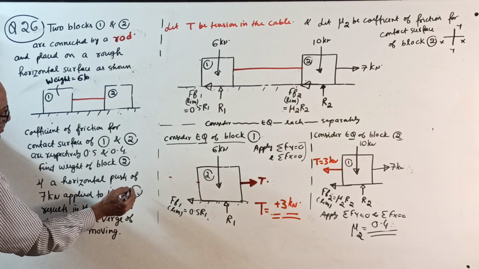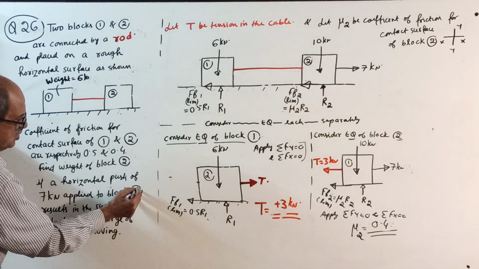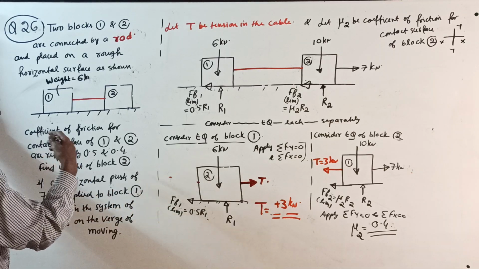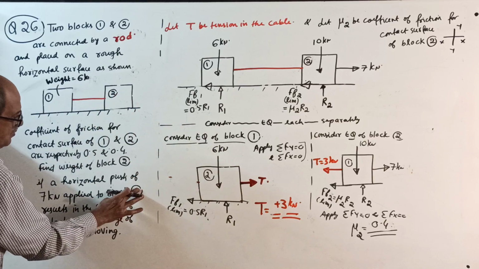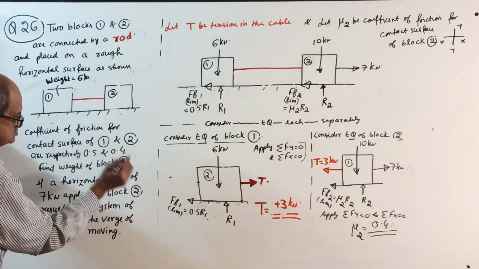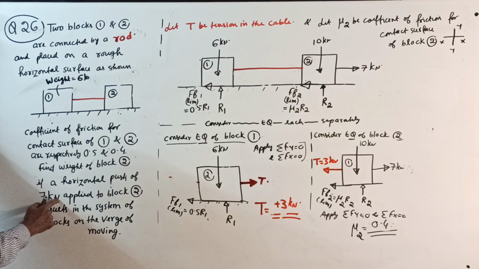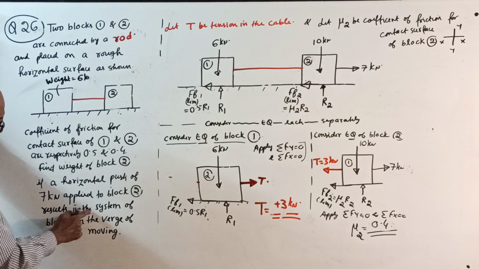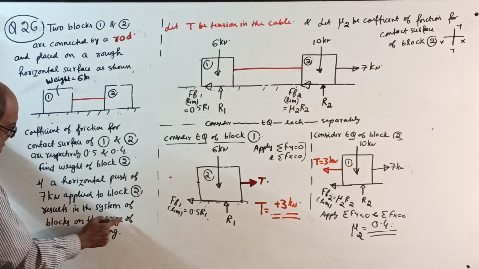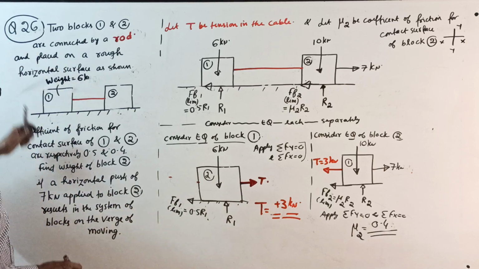Block 2 only. If I apply it to block 1, the system will again move to the right side. Okay, I will apply it to block 2 only, because I want to change it. If a horizontal push of 7 kilonewton applied to block 2 results in the system of blocks on the verge of moving. Okay. 1 minute.